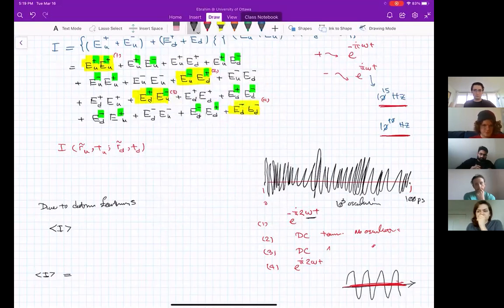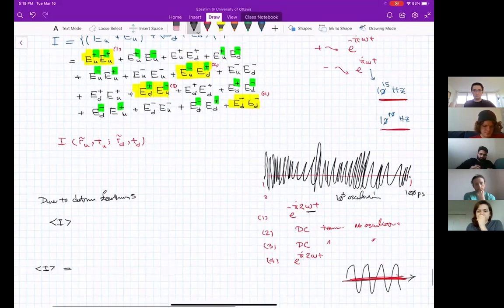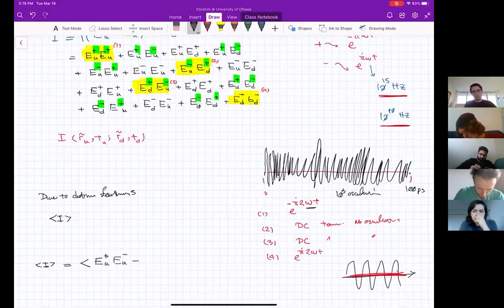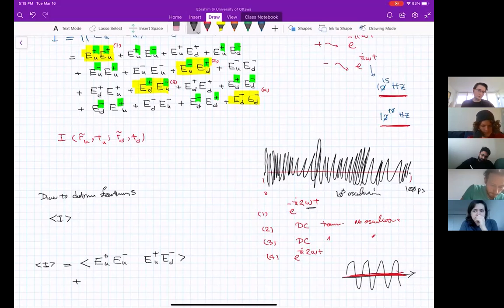Okay. Good. So it will be the average of E plus U, E minus U, plus E plus U, E minus D. That's the first term. I can write them just like what it should look like.